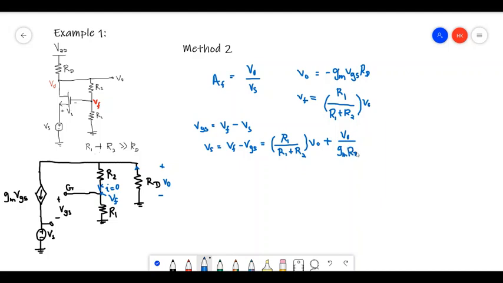I think it's clear to you, right? So now I can take V out from this and I can get the ratio that I want.